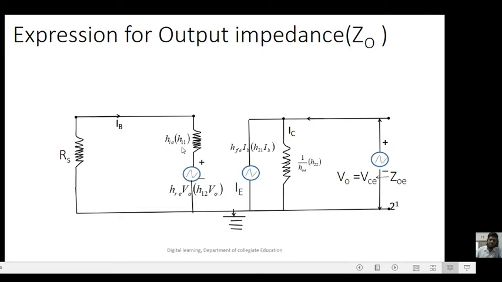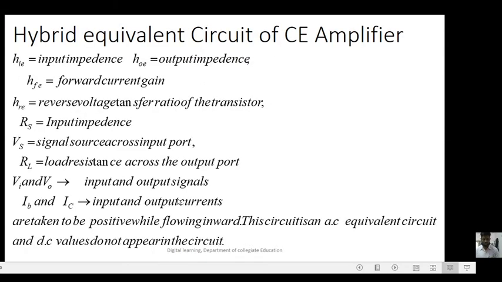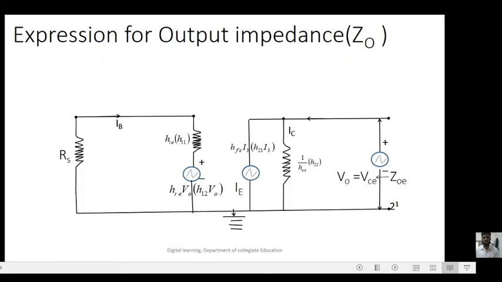Here HIE or H11 is the input resistance, and HRE is the reverse voltage transfer ratio of the transistor. HRE V0 can be written as H12 V0. The positive signal is on the upper side and the negative signal is on the lower side, that is, the negative terminal is connected to the ground.